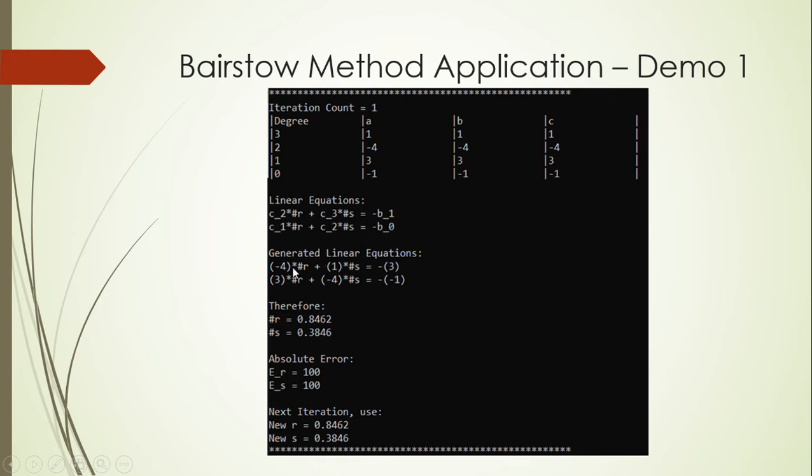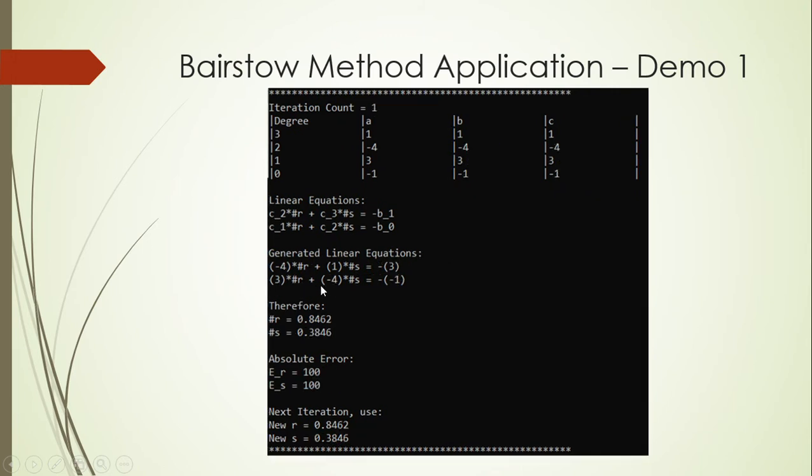After that, the generated linear equations are minus 4 times the value of r plus 1 times the value of s is equal to minus 3, and 3 times the value of r plus minus 4 times the value of s is equal to minus negative 1.